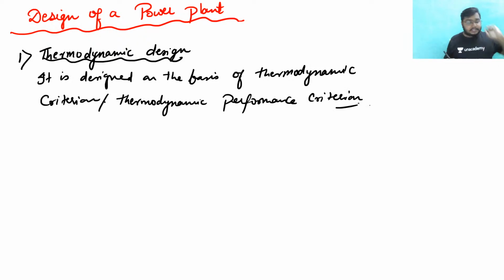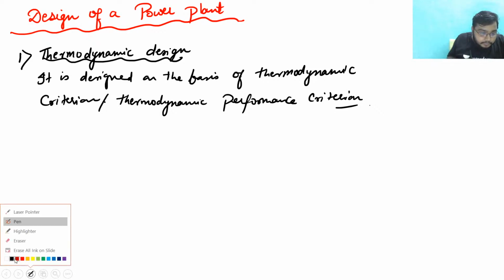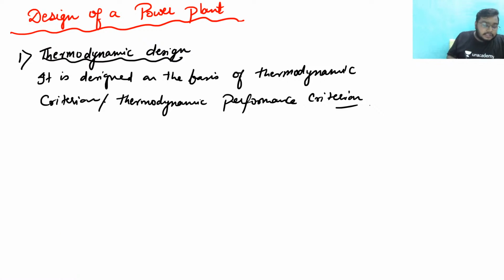Okay, now what is this, sir? See, I am drawing a little bit. See here. To design a thermodynamic power plant, what is the first thing that we do? We place a boiler. Okay, so there is a boiler.